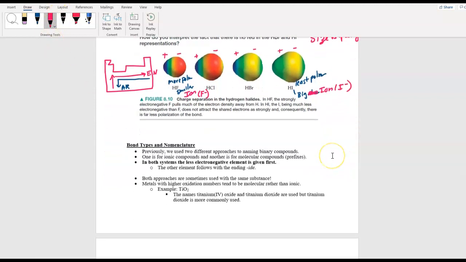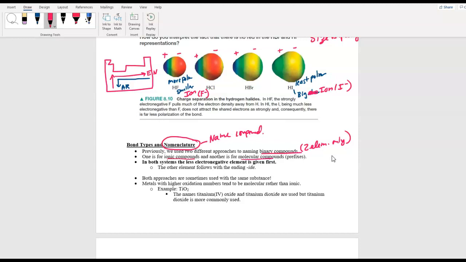Bond types and nomenclature. Nomenclature is a fancy way in chemistry of saying how to name compounds. Be very cautious when it comes to the metalloids, and be very cautious when it comes to transition metals. Usually there are two types to name binary compounds. Remember, binary means two elements only. One is for ionic and one is for molecular, where we use prefixes.